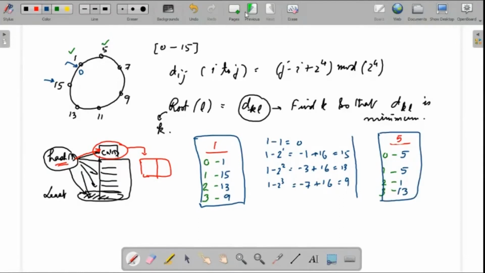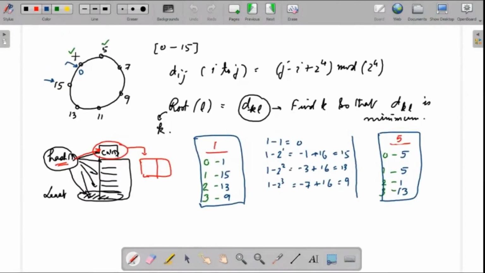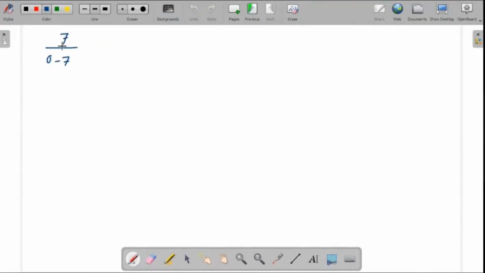I can now similarly build entries for node 7. So I'm just going to write it down now. For 0 for 7, I will get 7. You have to remember this figure. There is only 1, 5, 7, 9, 11, 13, 15. 7 minus 1 is 6.